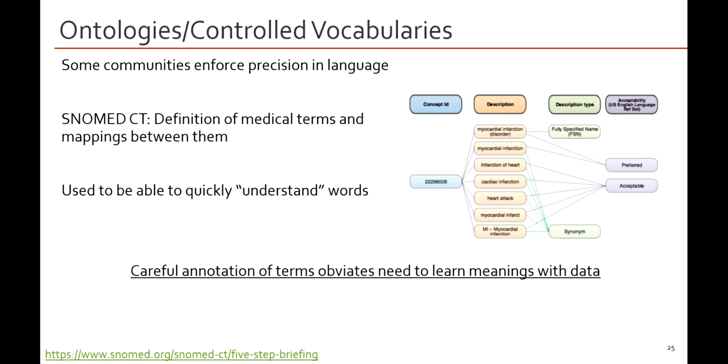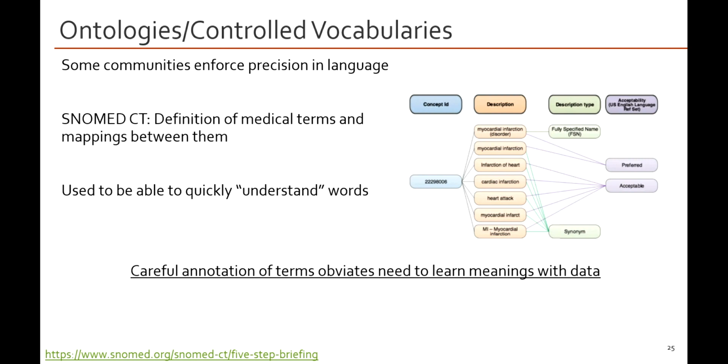A good example of this is the SNOMED ontology, which defines different medical terms and how they are related to each other, like heart attack is a synonym for myocardial infarction, and both of those describe the same concept, which can be annotated with others, like this is a disease of the heart that must be treated in certain ways.